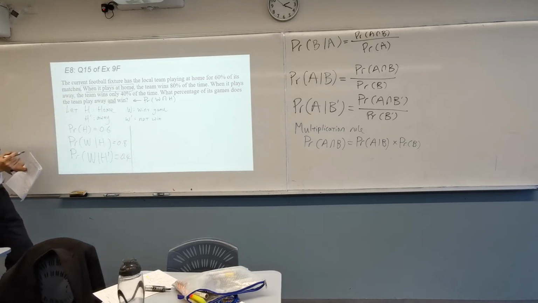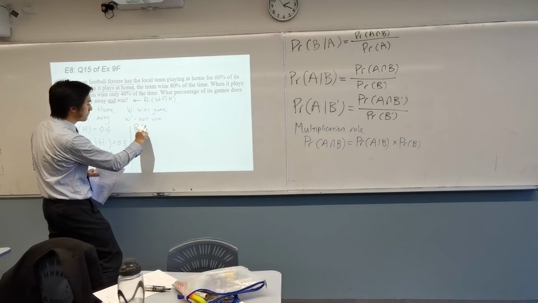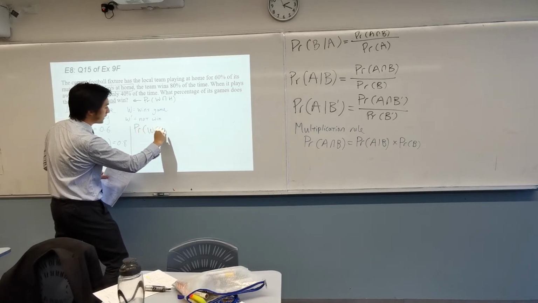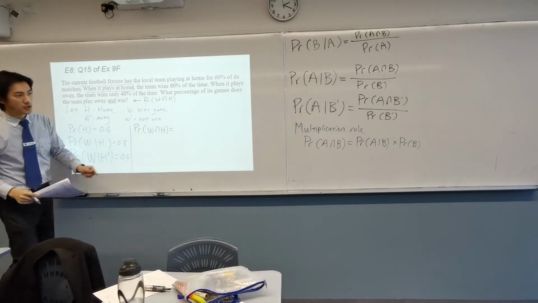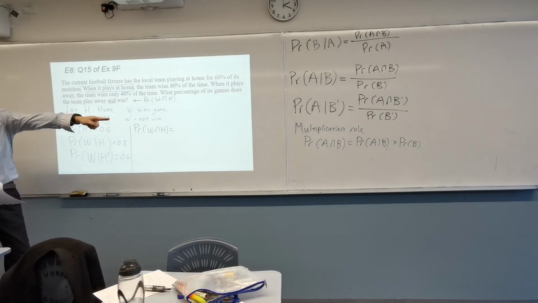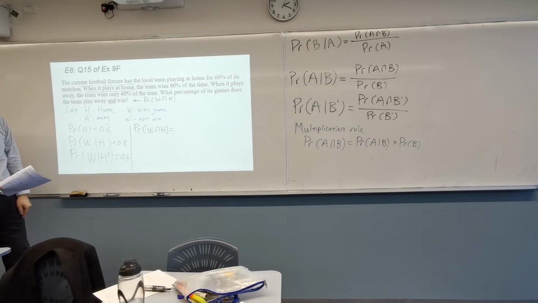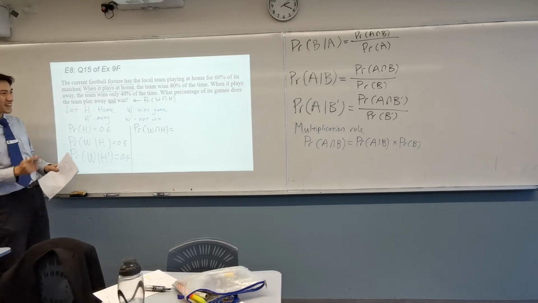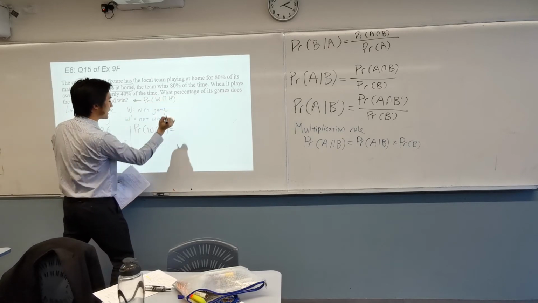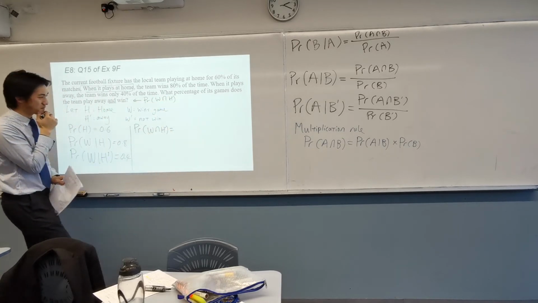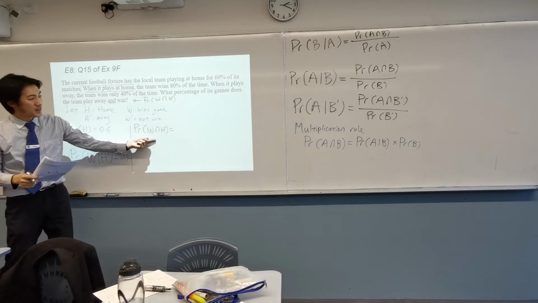I'll probably start by writing out the equation that I know. And here's a big hint. It's the equation that I've got in blue there. That's the multiplication rule. Yeah. Play away. Oops. Yeah. Thanks for pointing that out. Play away. So I'll put a dash there and a dash there. Okay. So now this is correct.